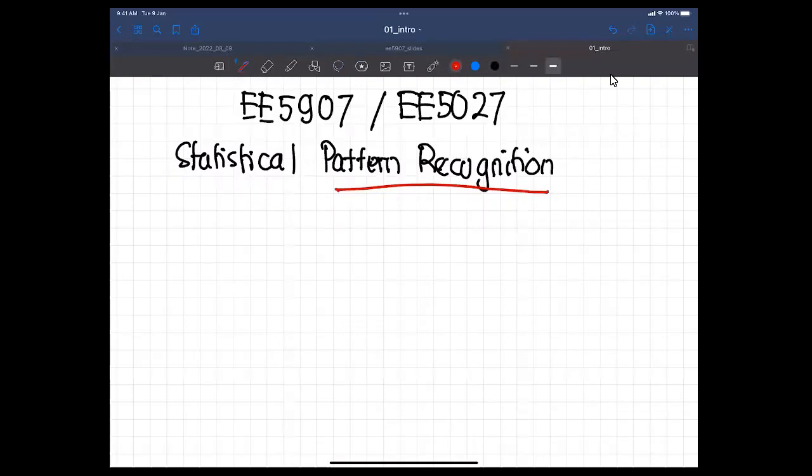Pattern recognition, the definition is exactly as its name. It means that we want to recognize patterns. This one means regularities. So we want to find regularities or patterns in the input data.